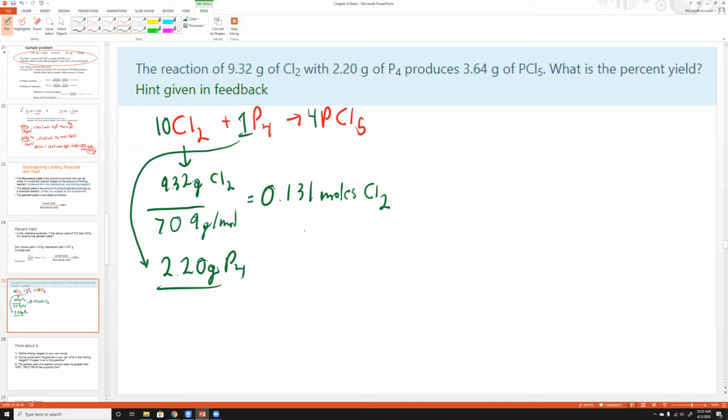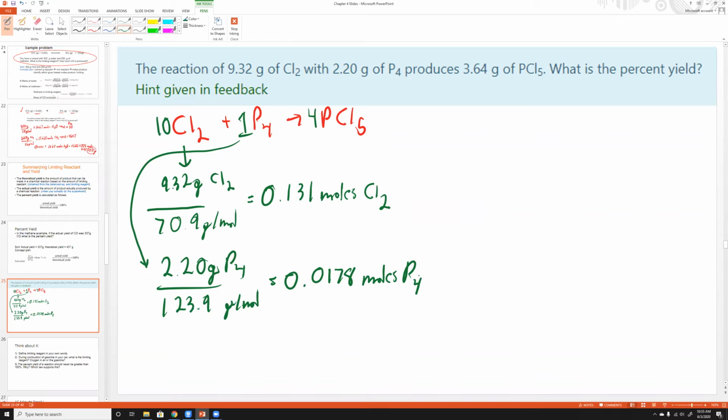So 123.9 grams per mole. We do 2.2 divided by 123.9, and we end up with 0.0178 moles of P4.